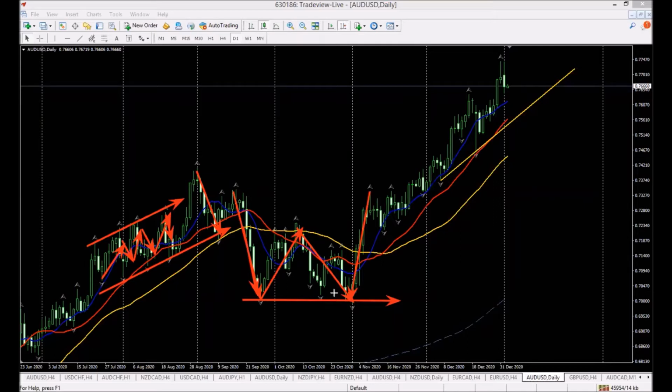But what we found is that this has happened in the middle of the trend. So this here looks like a continuation pattern. But on the New Zealand dollar, we have this pattern, which would be a reversal. And then it continued on up.